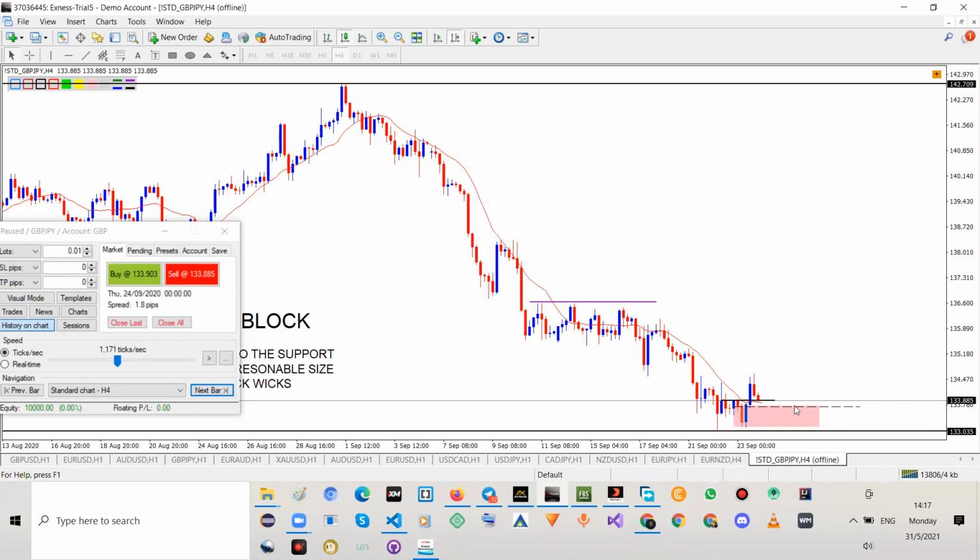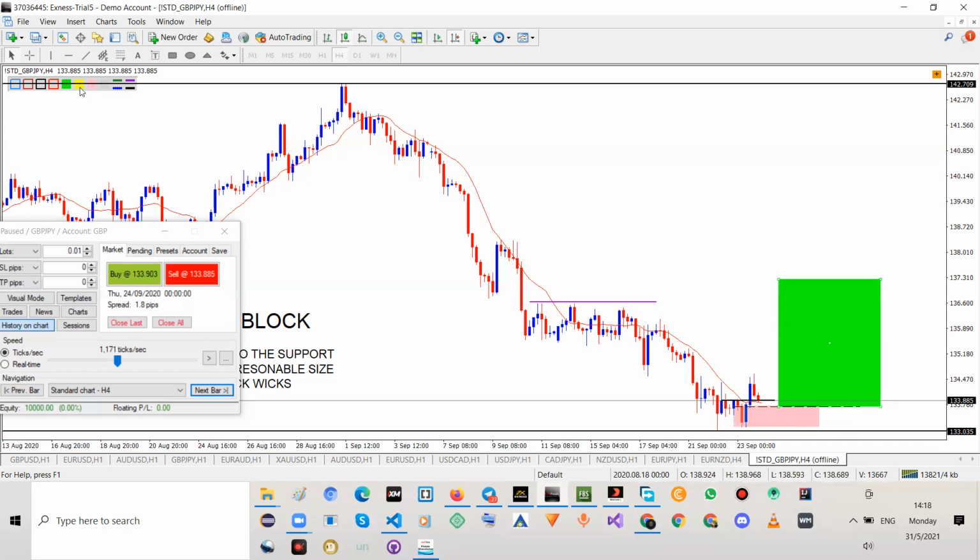That's where the buy stops will be, the buy limits will be set, and my target area will be to this part there.